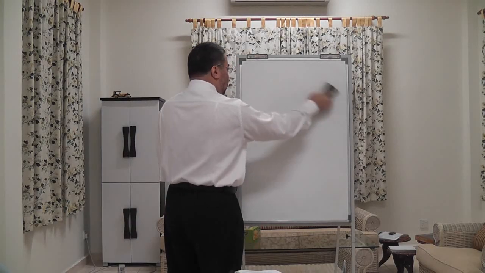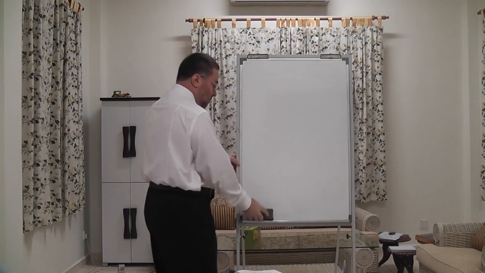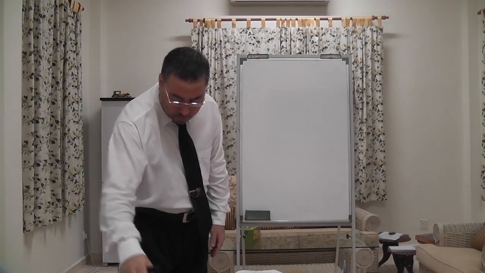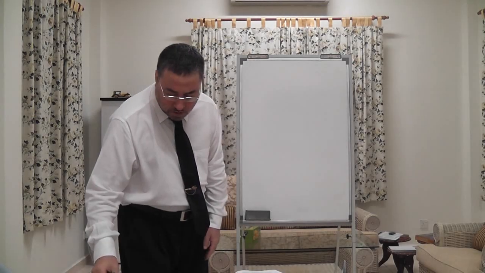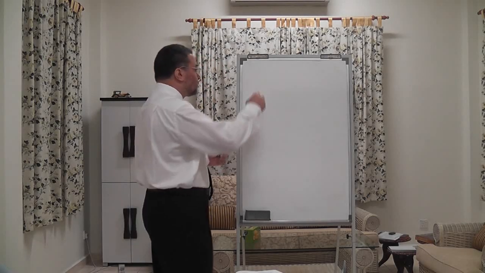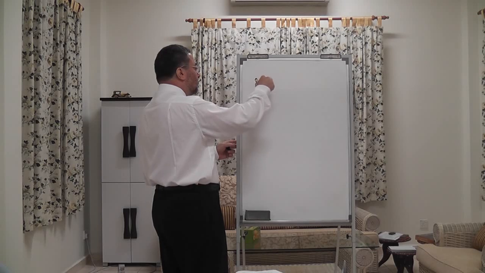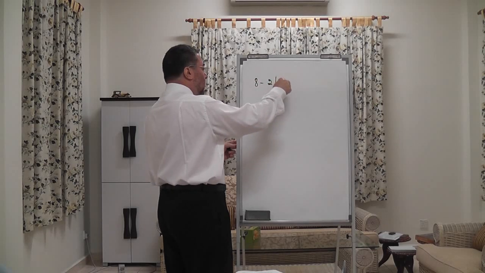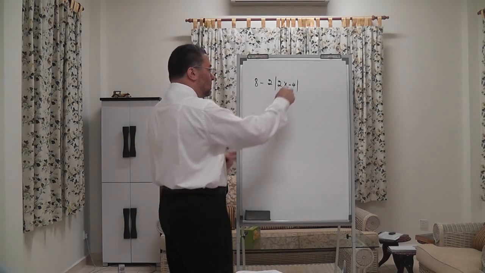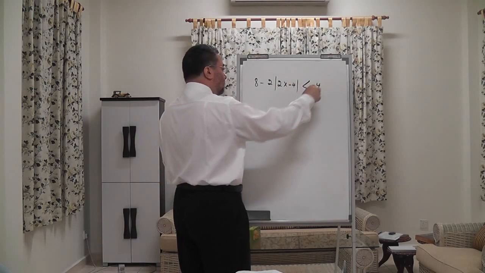So let's take an example. We are going to practically do the same example that we have done initially. And that's 8 minus absolute 2x minus 4 is less than minus 4.